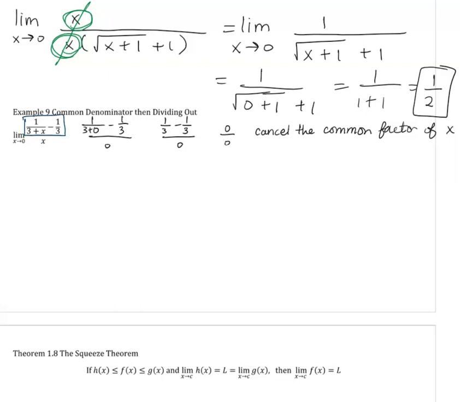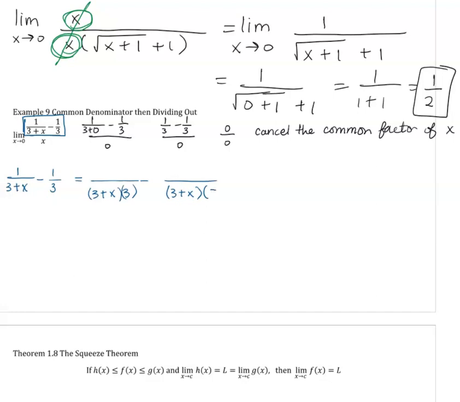So I'm just going to take this numerator and I'm going to rework this by finding a common denominator. So I'm going to rewrite both of these fractions with a common denominator of 3 plus x times 3.